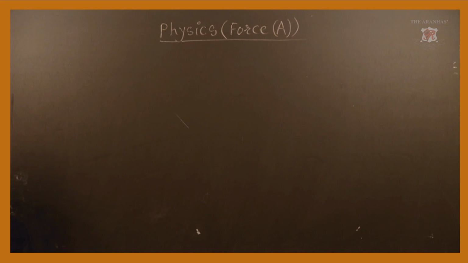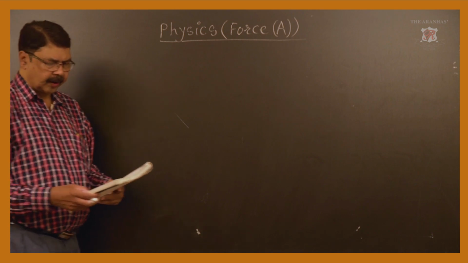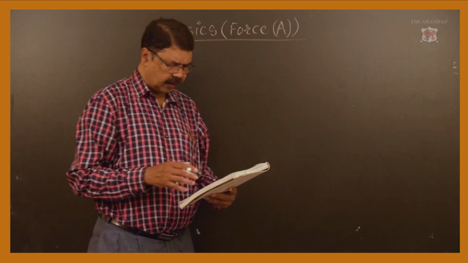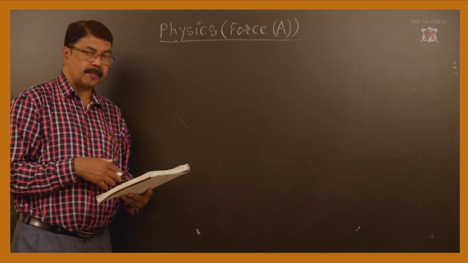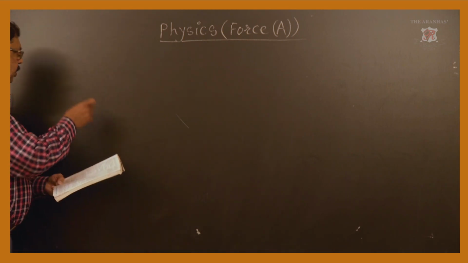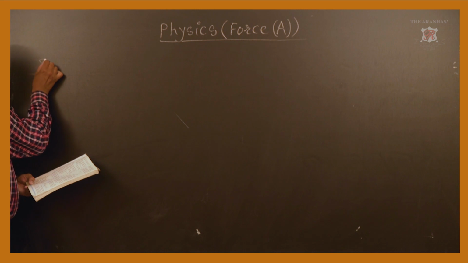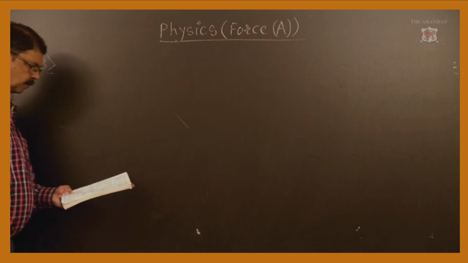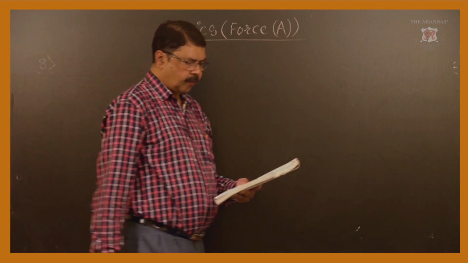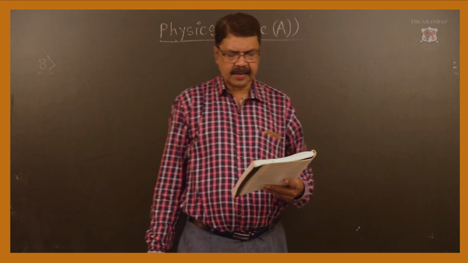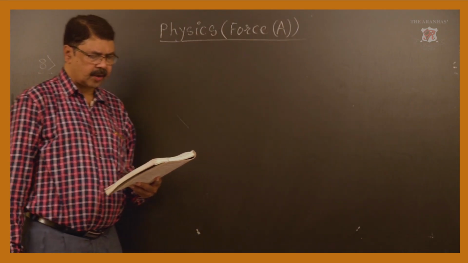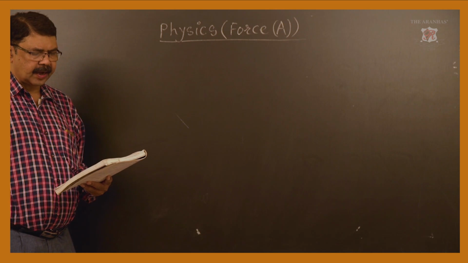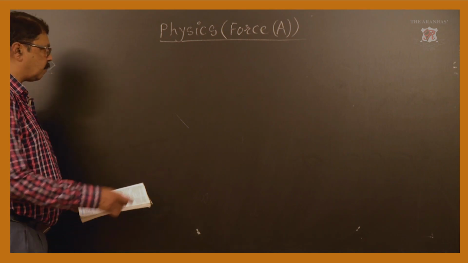Now, we are solving the 8th one directly, because the ones in between are very simple and similar to what we have done. So, page number 11, I am solving the 8th numerical. A uniform meter rule balances horizontally on a knife edge placed at 58 centimeter mark.